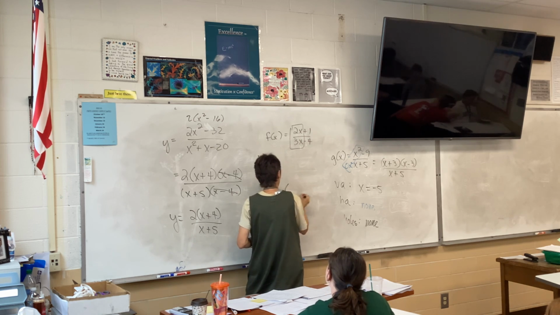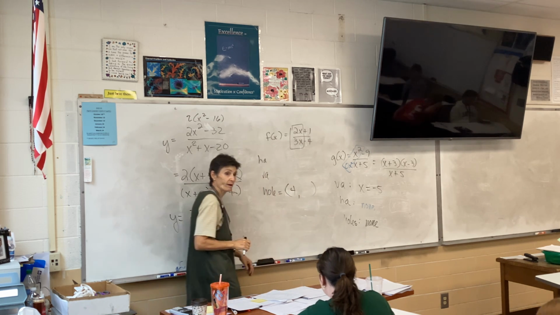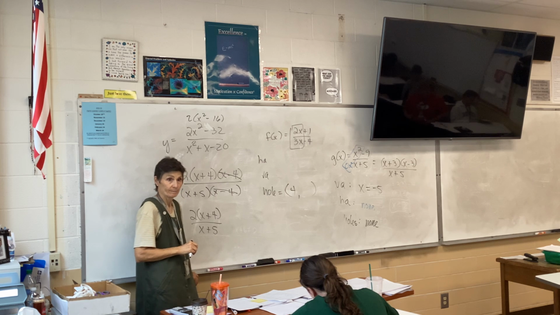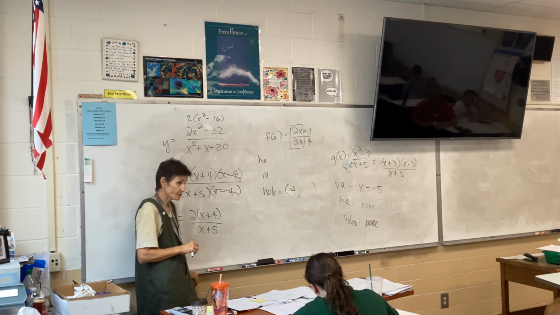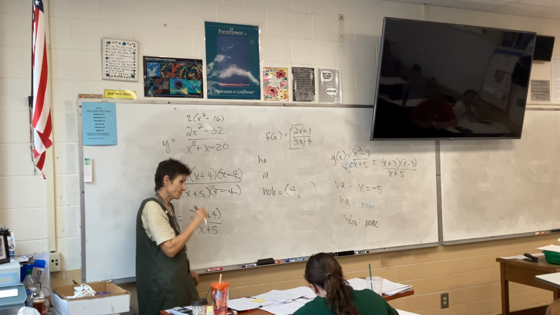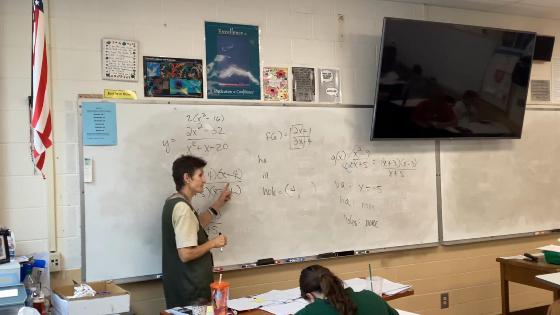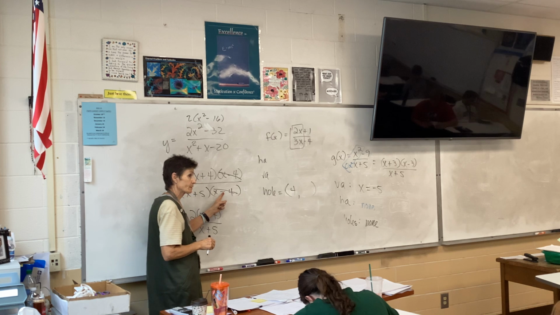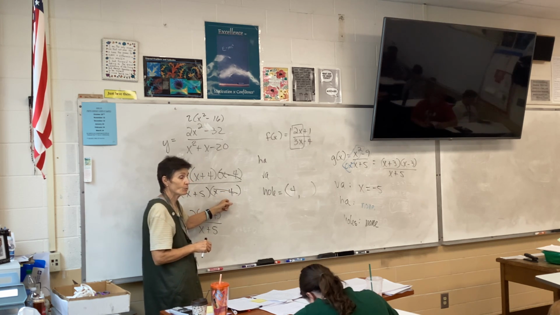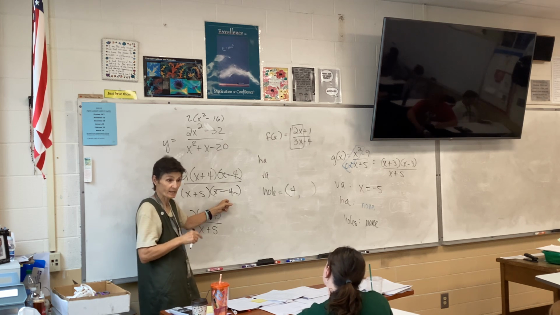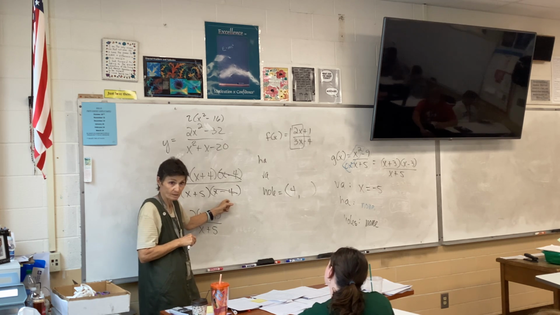And the hole will be where x is 4. The hole goes at the x value that you crossed out. If this were going to be an asymptote, wouldn't it be at 4? Isn't x what it can't be? That's where the hole goes.